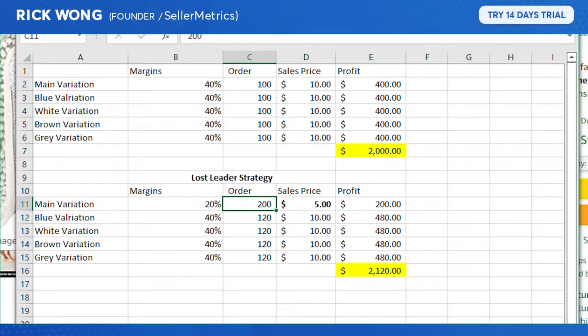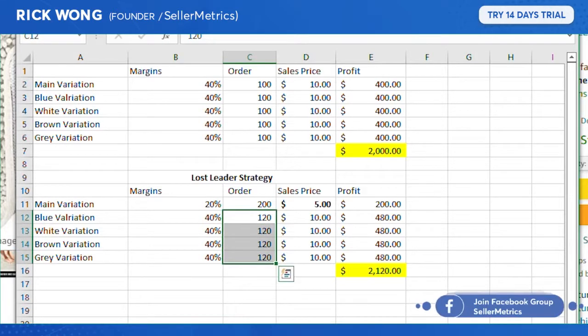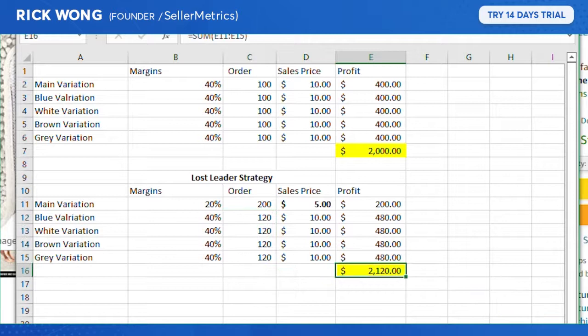The increase in traffic will basically filter down to the other variations. So basically, that would be like the tide that would raise all boats, right? And at this point, the rest of your variations will probably increase like 20% in sales, and overall you'll just get more profit with your set of products than if you don't do the loss leader strategy.